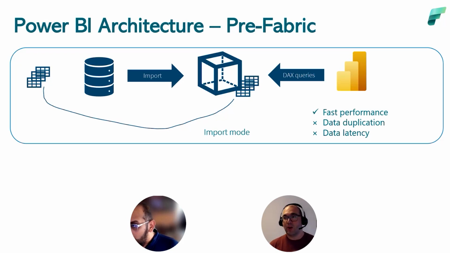stored in memory. On the flip side, the most obvious downsides are data duplication, because you're basically creating a copy of the data from the data source in analysis services, and data latency, because in order to have the latest data from the source available in Power BI, we need to refresh our Power BI semantic model.